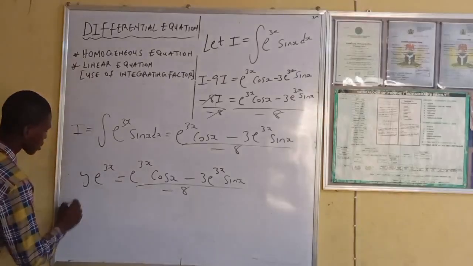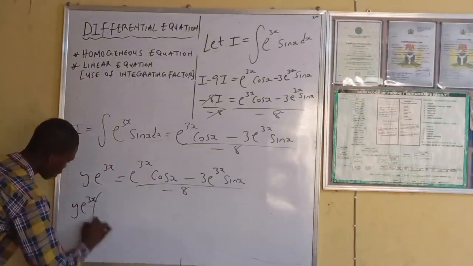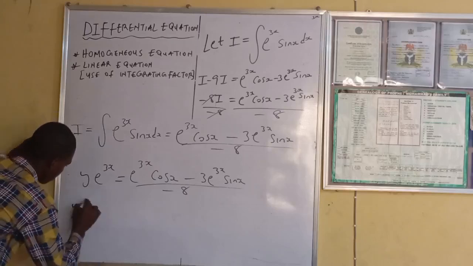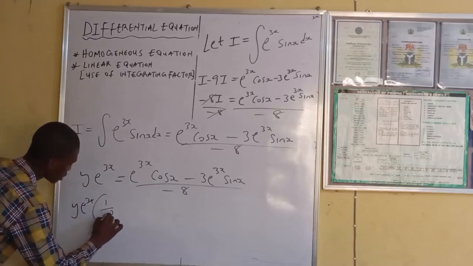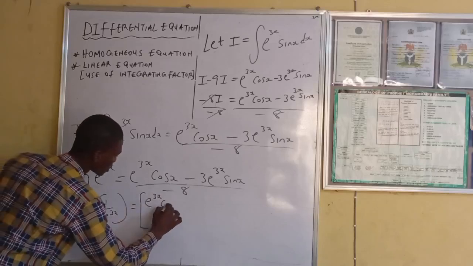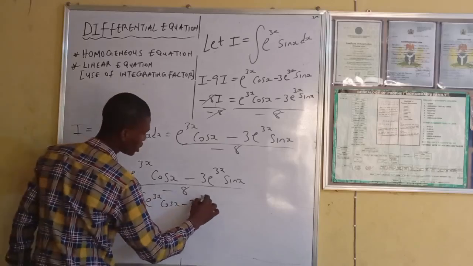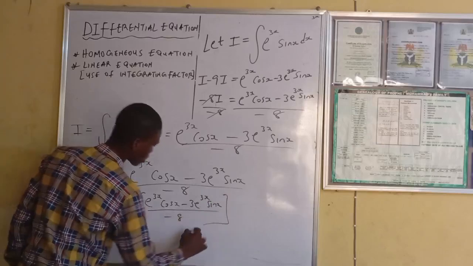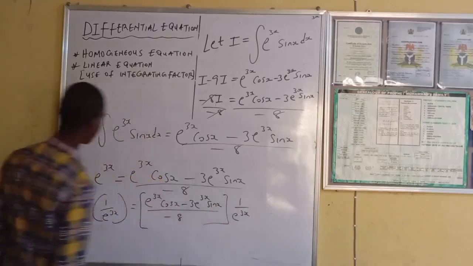So meaning y exponential 3x all into brackets 1 over exponential 3x equals exponential 3x cos x minus 3 exponential 3x sin x divided by minus 8 multiplied by 1 over exponential 3x.